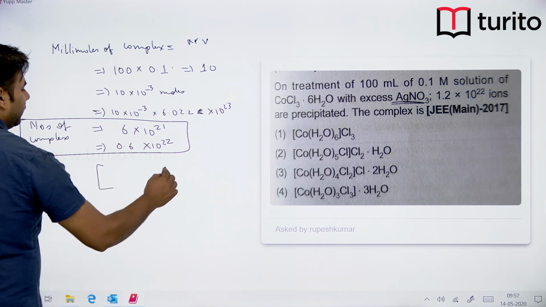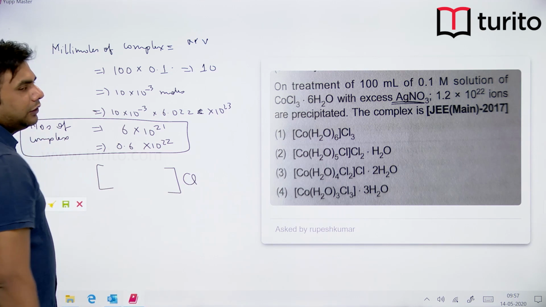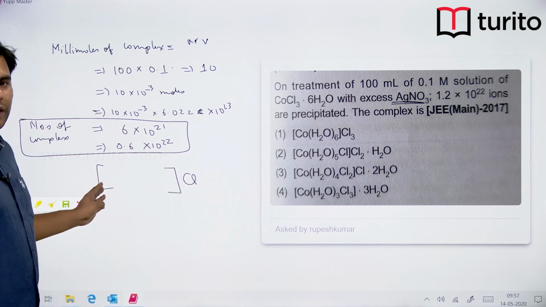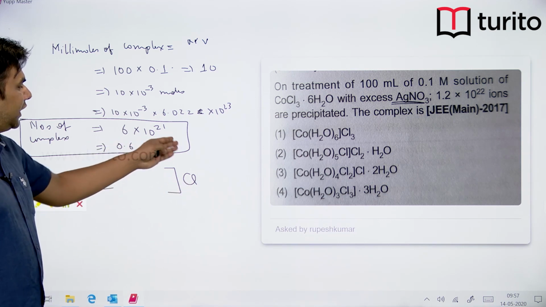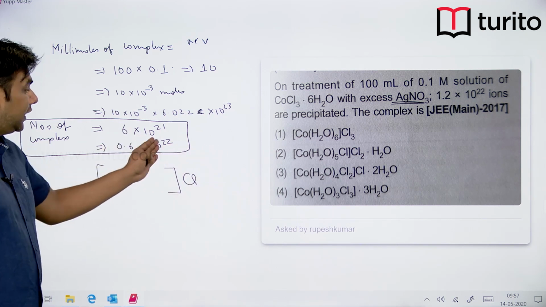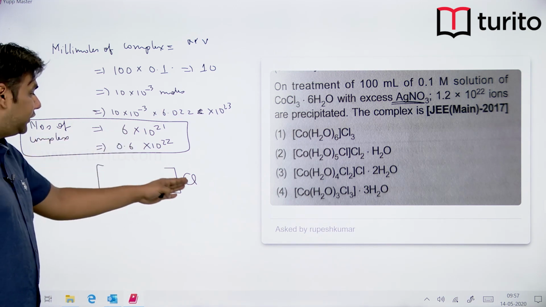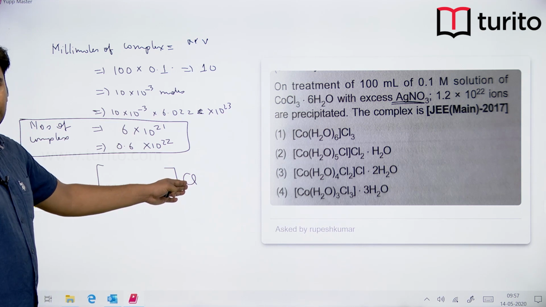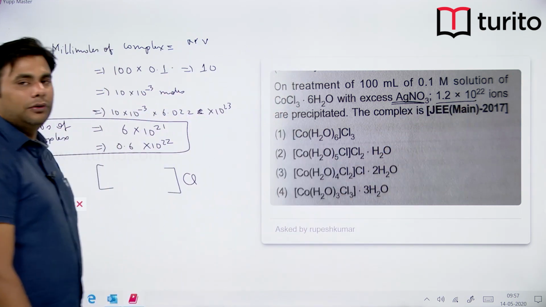If only one Cl is present outside the coordination sphere, then 1 mole of complex gives 1 mole of chloride ion. So 0.6 × 10^22 complexes would give 0.6 × 10^22 Cl⁻ ions. But the number of Cl⁻ ions is 1.2 × 10^22.